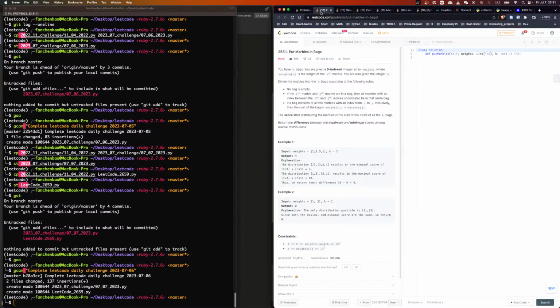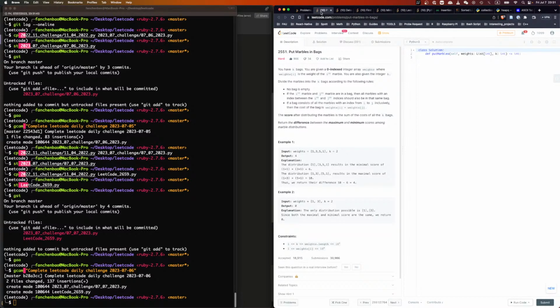Okay, so what do you think? We want to distribute into K bags, and the rule of distribution is we divide this array into K subarrays, or you can think of it as putting dividers among the weights.